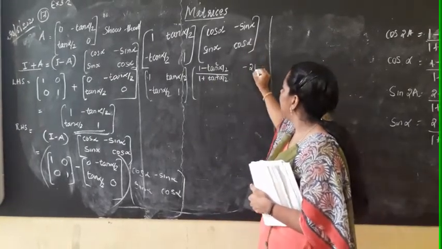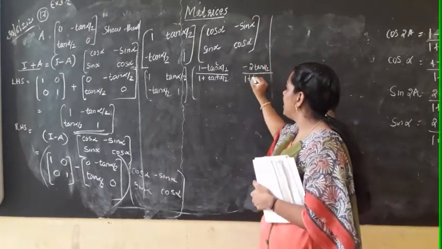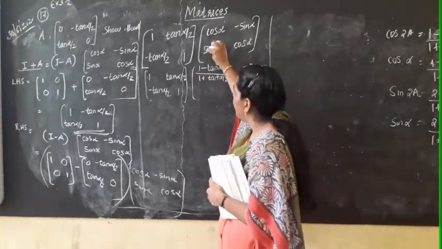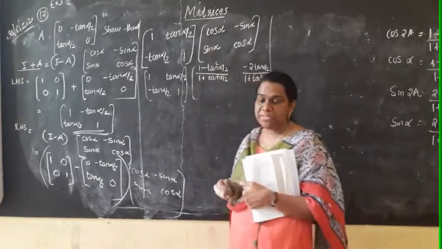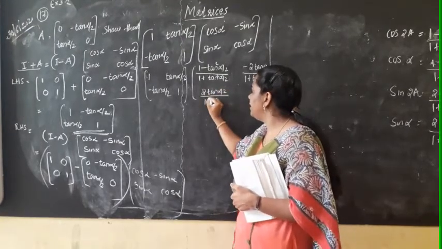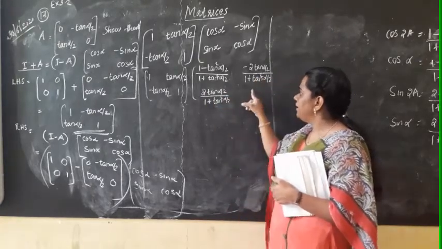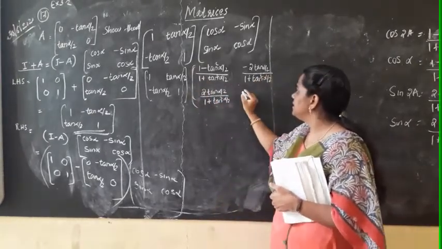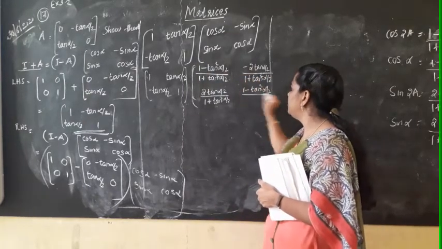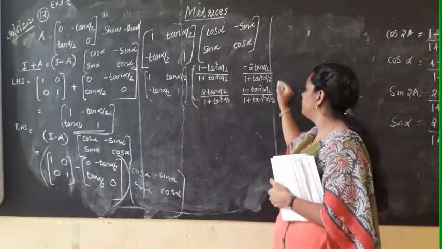Minus 2 tan alpha by 2 divided by 1 plus tan square alpha by 2. And here we have sin alpha, 2 tan alpha by 2 divided by 1 plus tan square alpha by 2. And here cos alpha, 1 minus tan square alpha by 2 divided by 1 plus tan square alpha by 2.